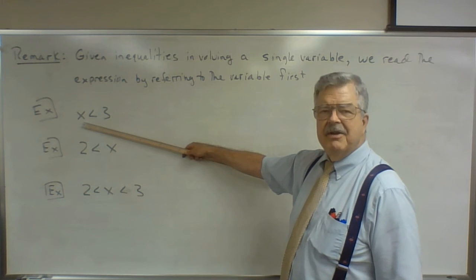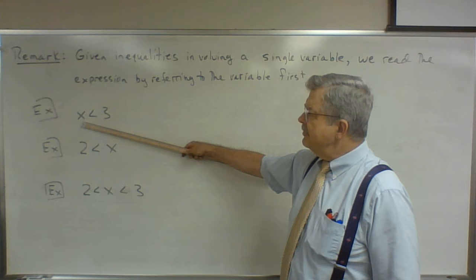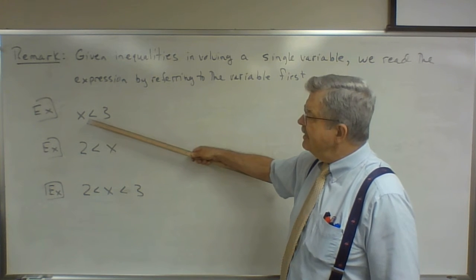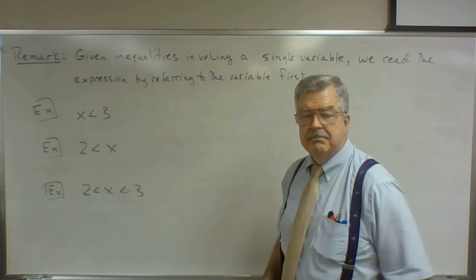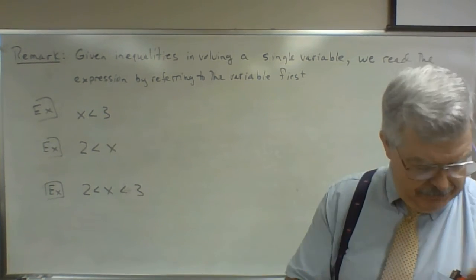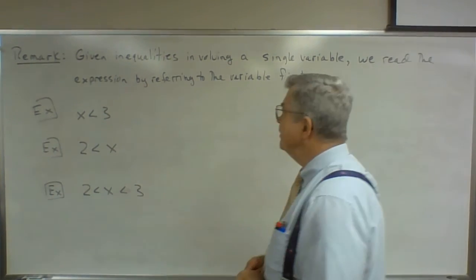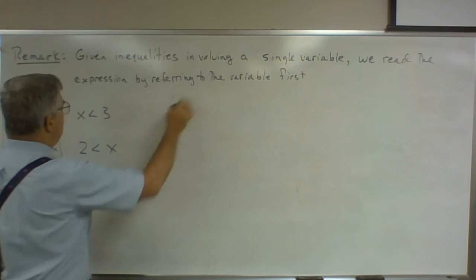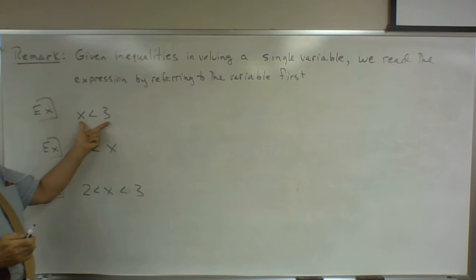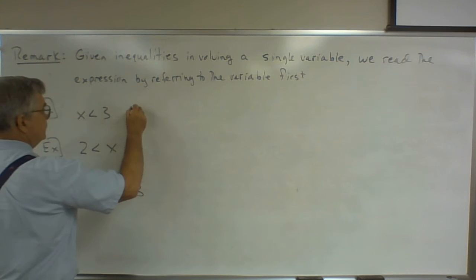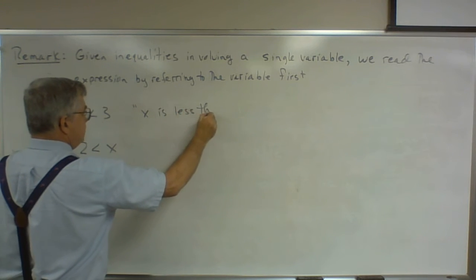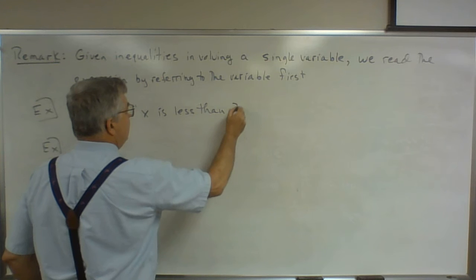Well, here, that's not a problem. We look at this inequality and we say, x is less than 3. Well, we didn't change anything there, did we? We followed this protocol without changing the way we've been reading this inequality. x is less than 3.